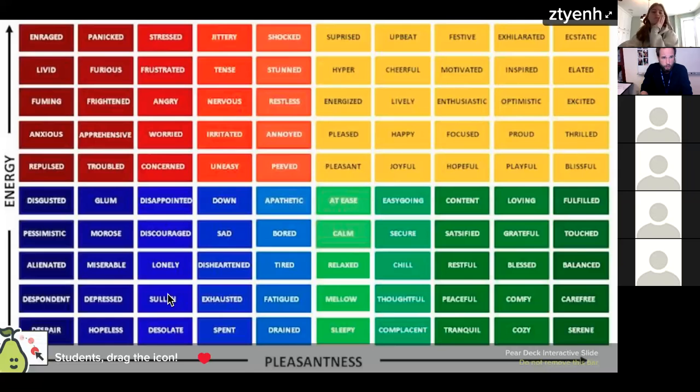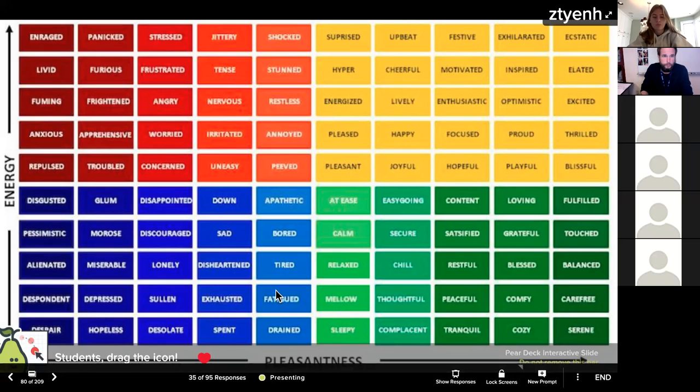And with the heart, if you could wish for that person or that pet to feel a certain way, drag your heart to the box, to the word, to the color that best represents how you want that person to feel. I know it's abstract.